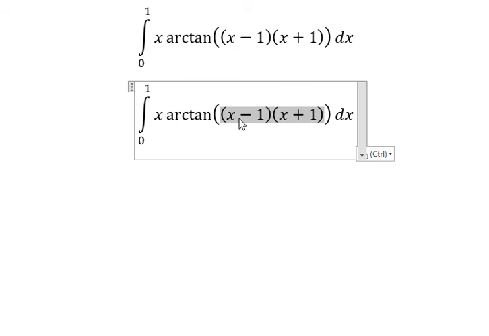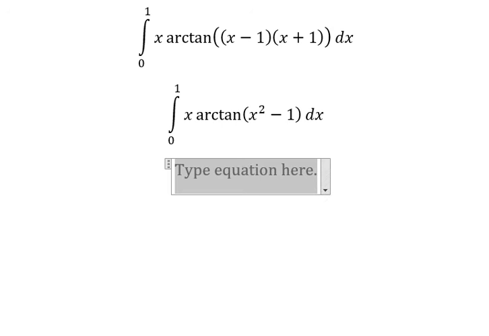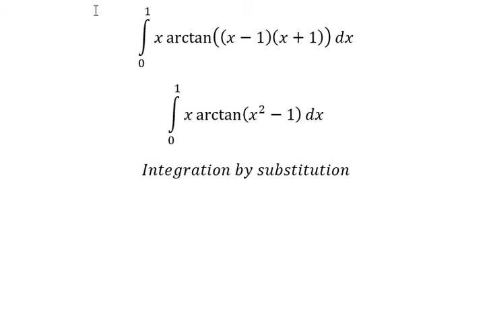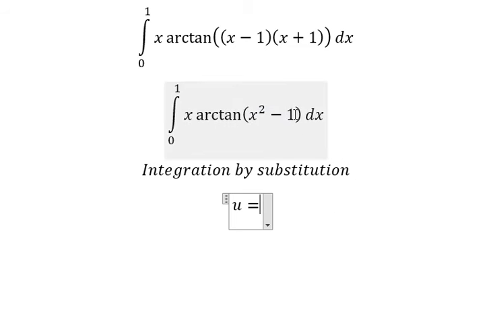This one we have s squared minus 1. Next we need to use integration by substitution. So I will put u equals to this one.